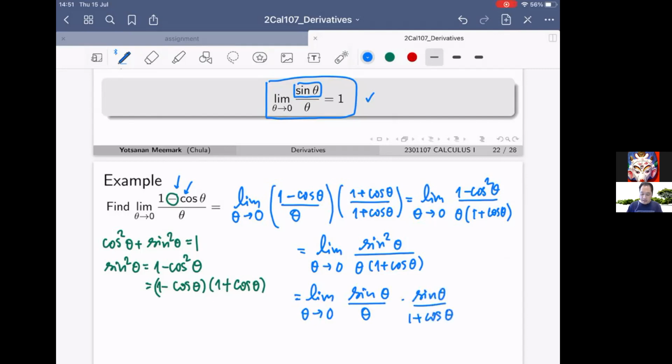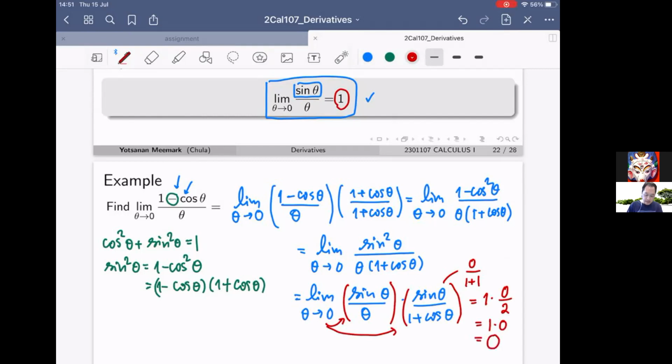Okay, so for this limit, the first one, the limit is already 1 that you know, and then the limit of this second one multiplied, you got what? 0 on top and then 1 plus 1 at the bottom, and it becomes 1 multiplied by 0 over 2, which is 1 and 0, so it will be 0.